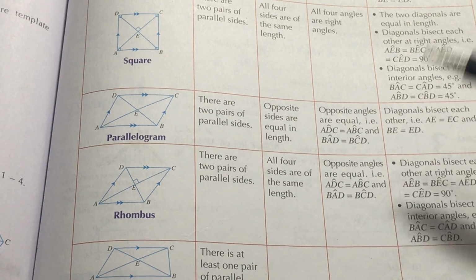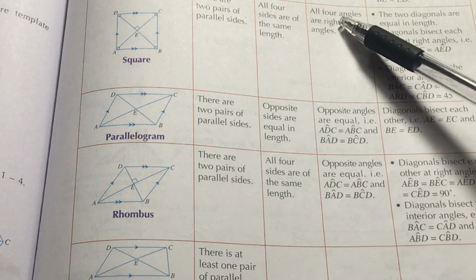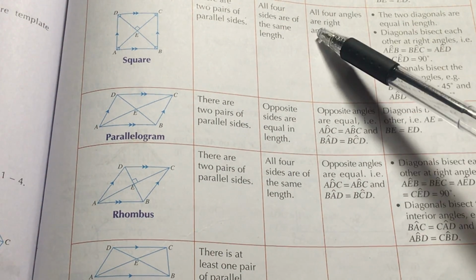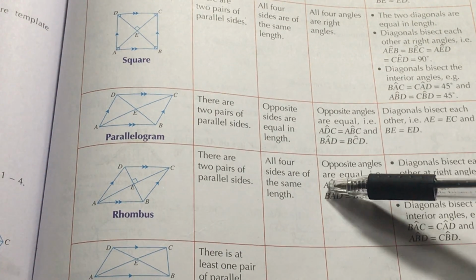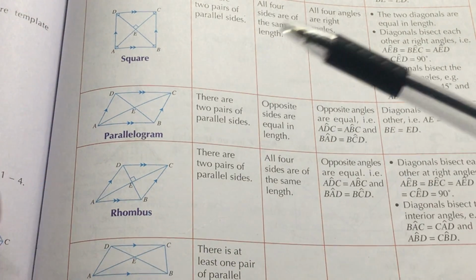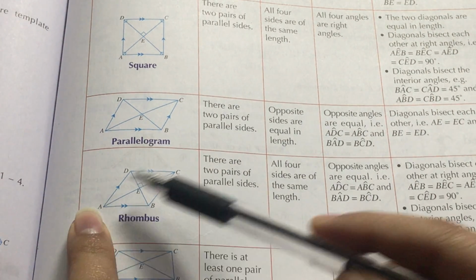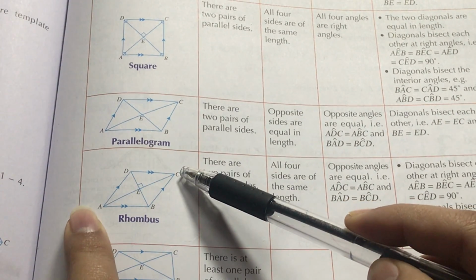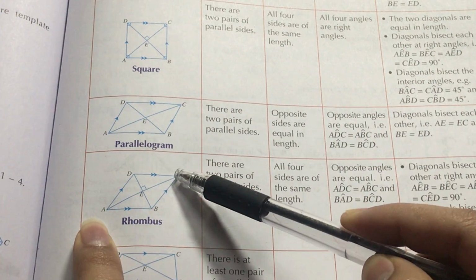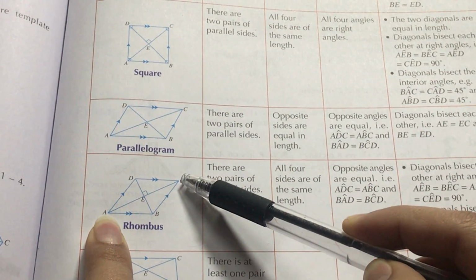The next property, the difference: in a square you have all four right angles, but in a rhombus opposite angles are equal. Opposite angles are the angles that are marked on the opposite vertices. A and C are the opposite angles.